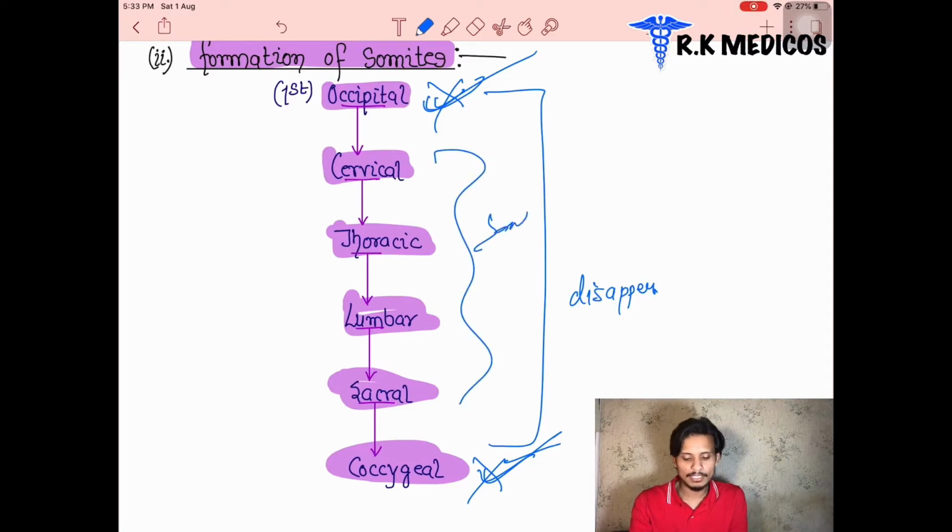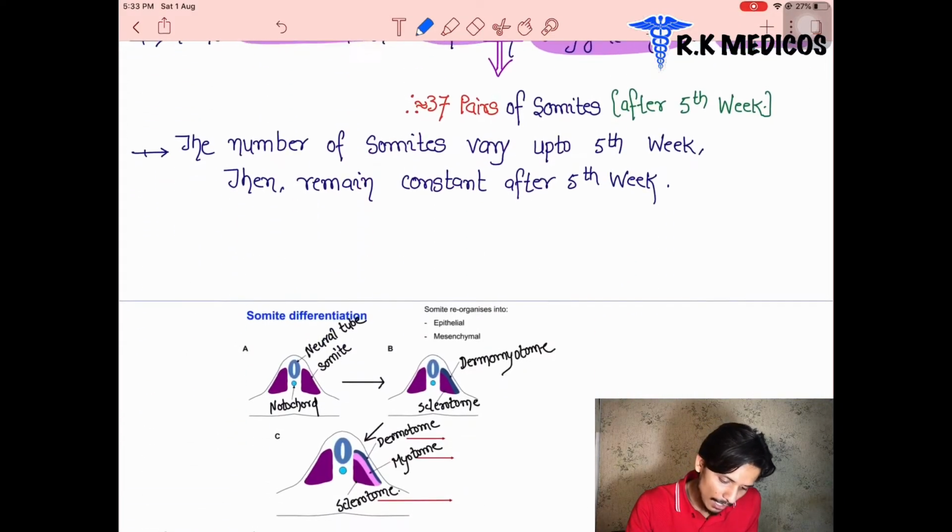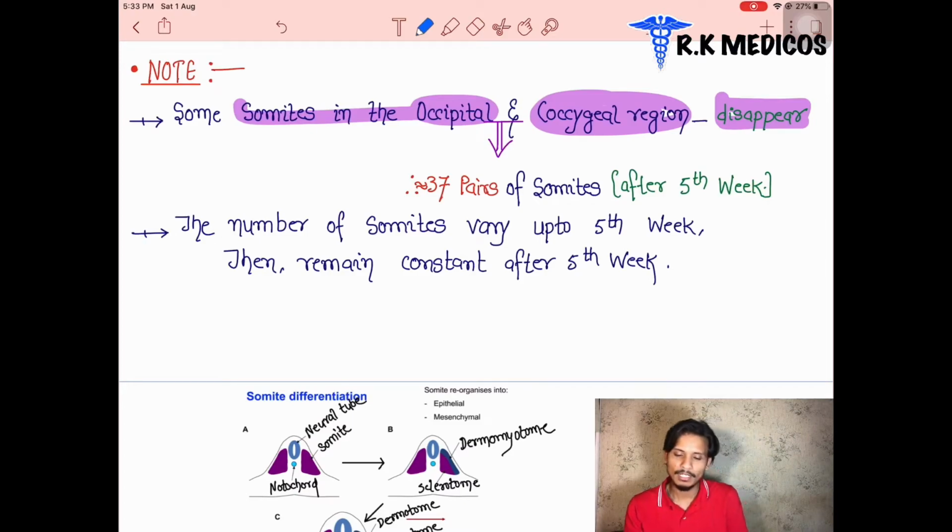So how many somites are there? 45 pairs. Out of them, some somites disappear from the occipital and coccygeal regions, and at the end of the 5th week only approximately 37 somites are present in the embryo.